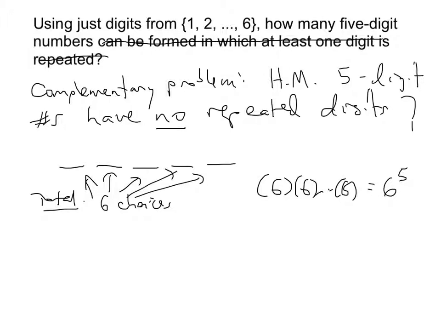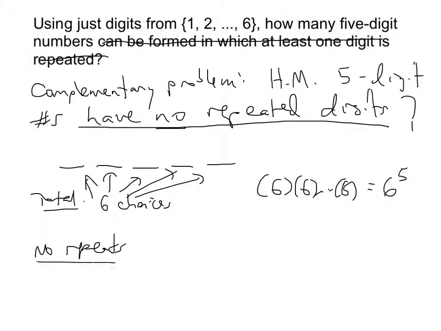So now I can get back to the actual condition. I want to find out how many of those have no repeated digits. Well, I'm using the same 5 blanks and the same idea, but now, if I'm not allowed to repeat, I have 6 choices for the first blank, 5 choices for the second blank, and so on.